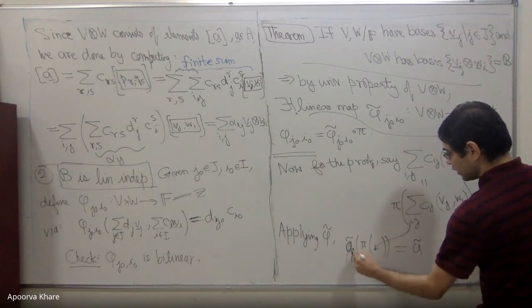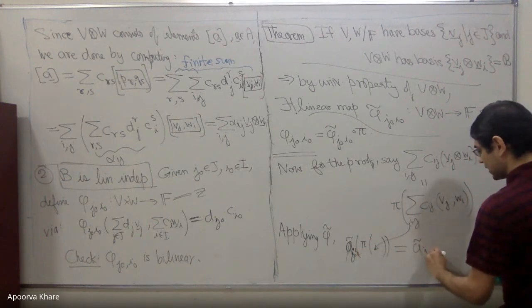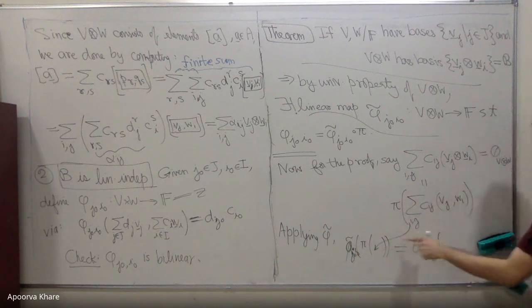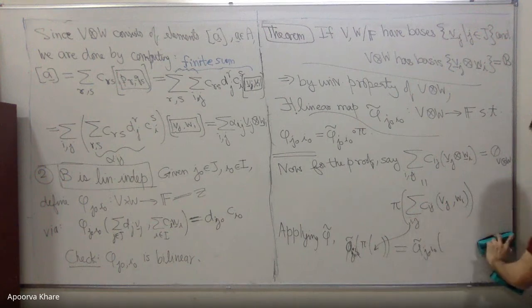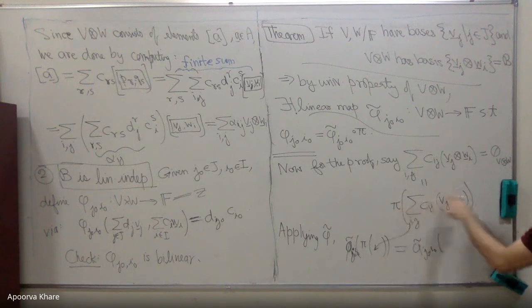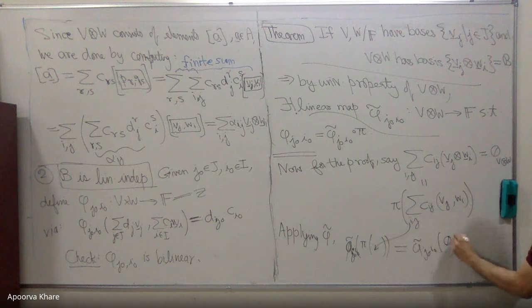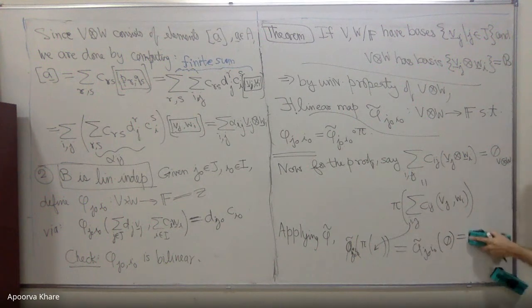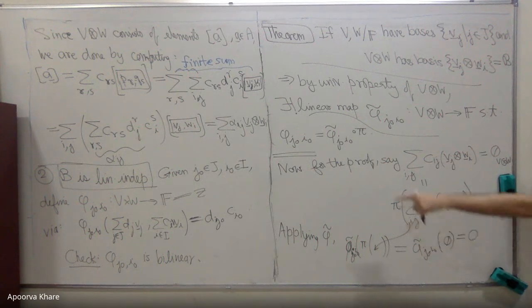The point is this expression is 0. Pi of this thing is 0. So phi tilde of 0 is of course 0, the zero scalar. Phi tilde takes values in the field.